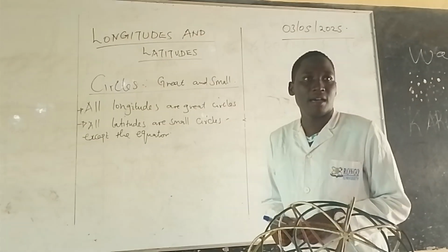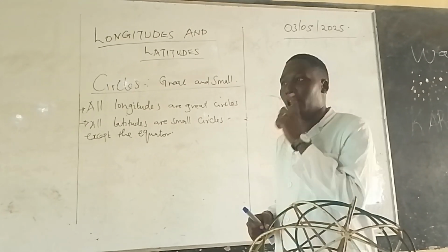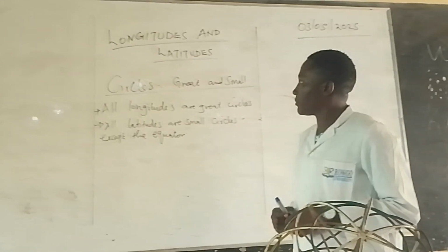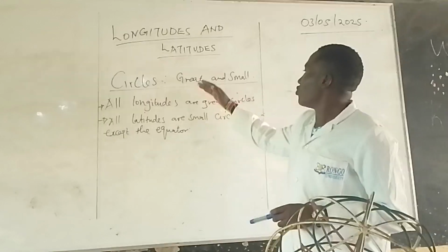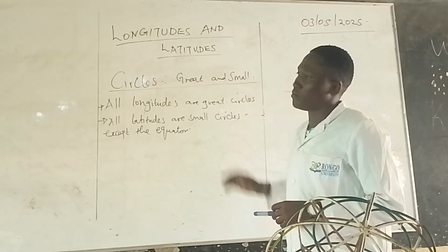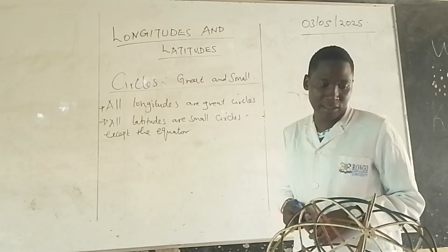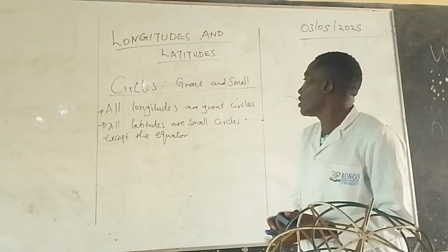From that, it gives us a leeway to look at the distances along both the great and the small circle.